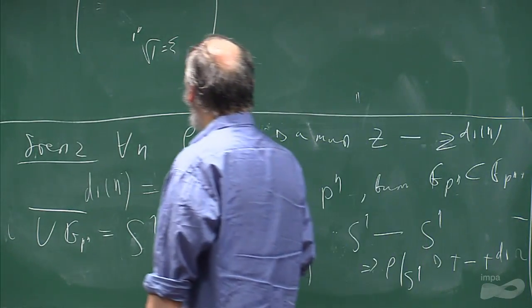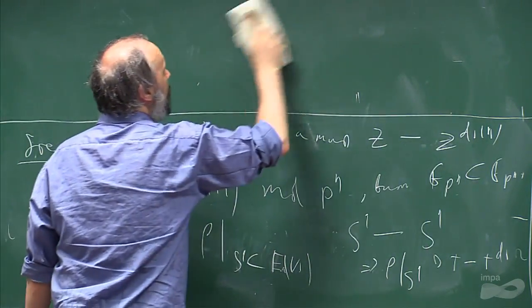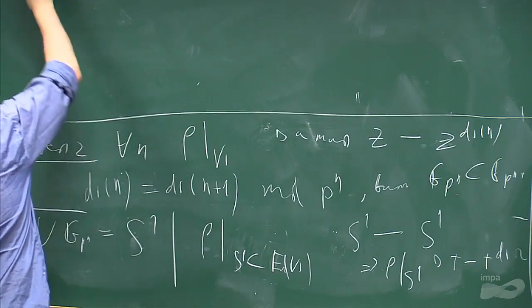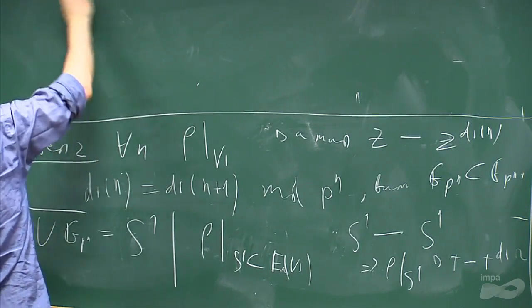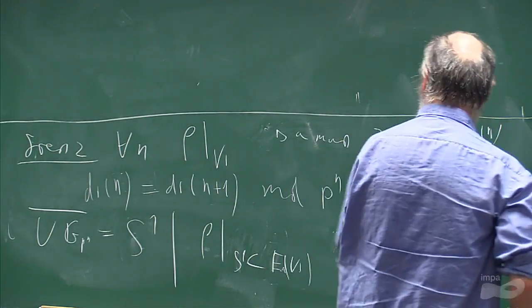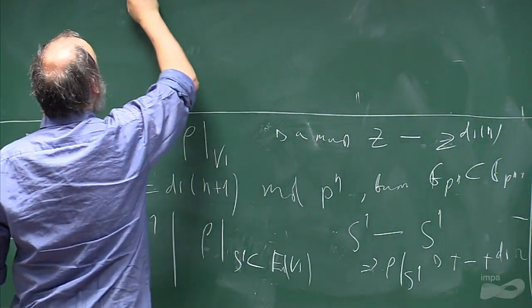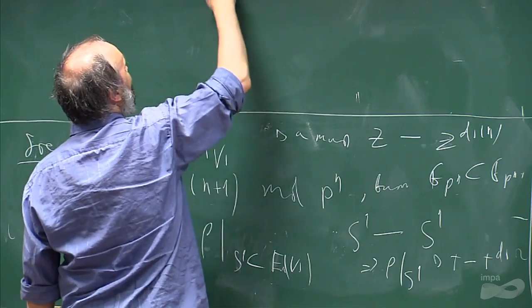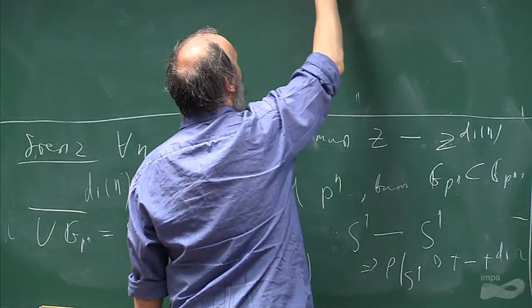Okay, now for step 3, I will use Zariski density. Step 3. Well, any infinite subset in C star is Zariski dense. In particular, S1 in C star is Zariski dense.